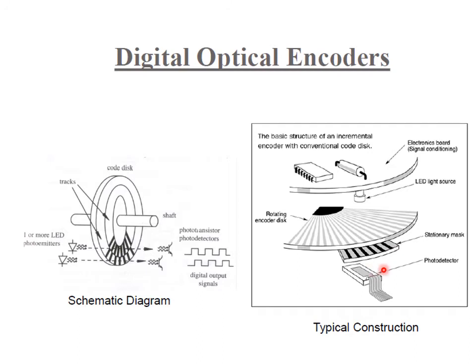You can see the photo detector here. The light passing through falls on this photo detector. So we can compare the rotation of the rotating disc with the stationary mask disc. This comparison gives the rotation angle or rotation speed of this rotary disc. The same thing is shown here.